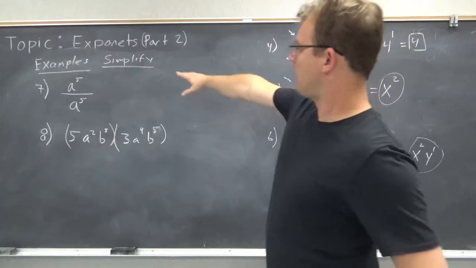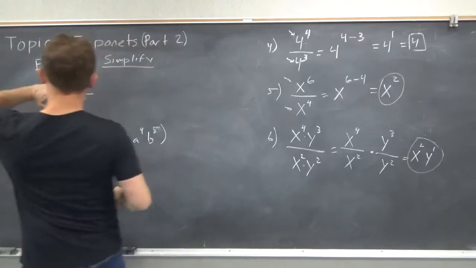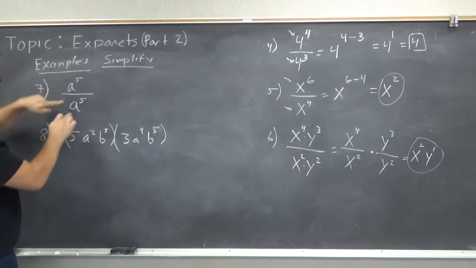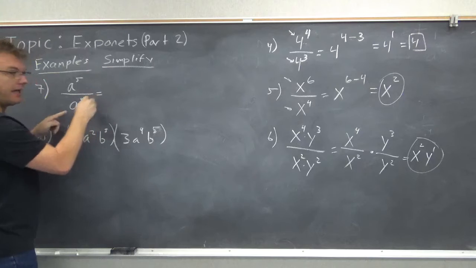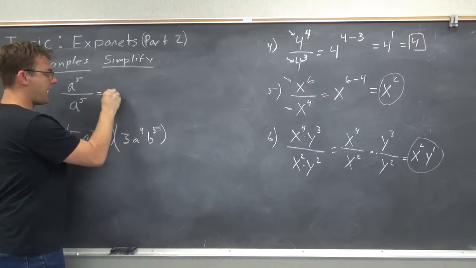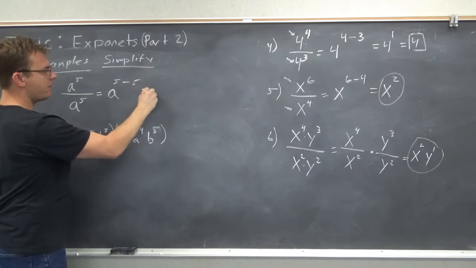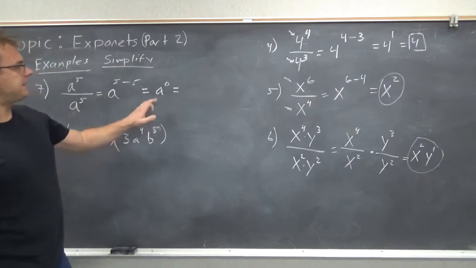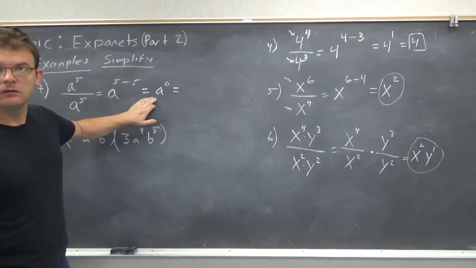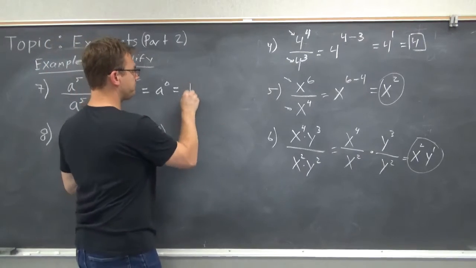So the first one, all right, number 7. So what are you going to do? A to the 5th divided by a to the 5th. Isn't this going to be a to the 5 minus 5? A to the 0. What's any number raised to the 0 power? 1, right?